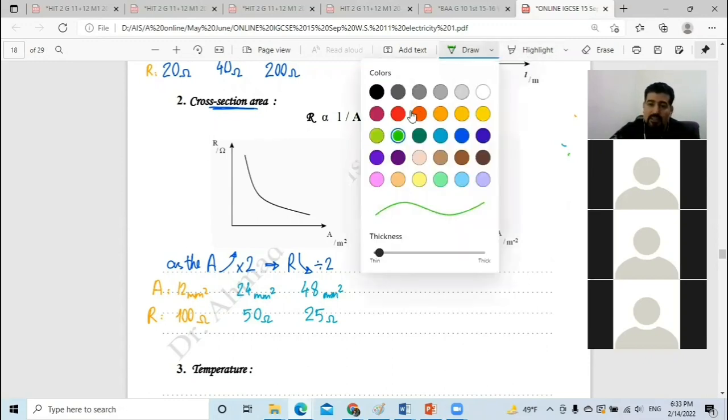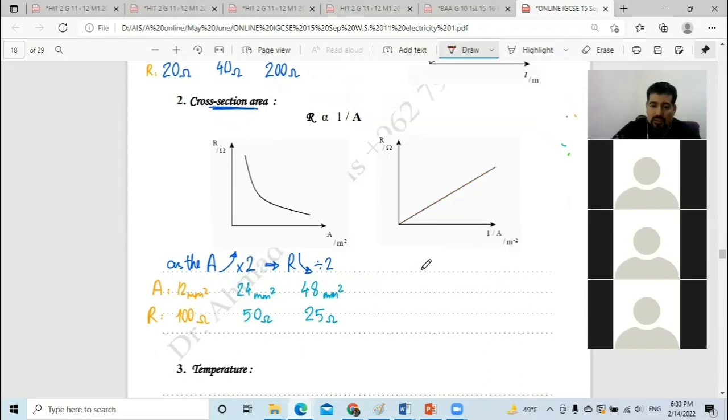And we know that the area equals pi r square, that means pi diameter square over 2 square, which is 4. That means as the thickness of the wire, the diameter or the radius, is doubled, what happens to the area?